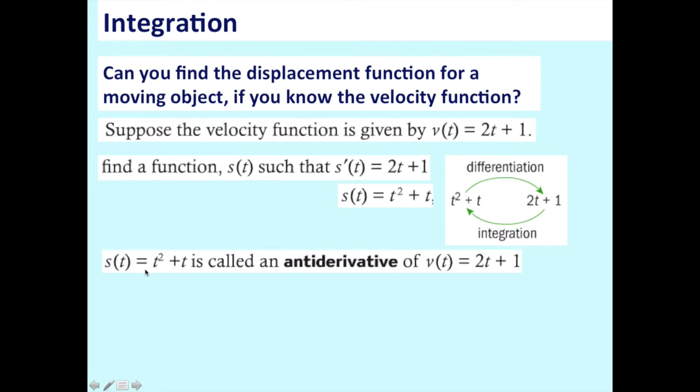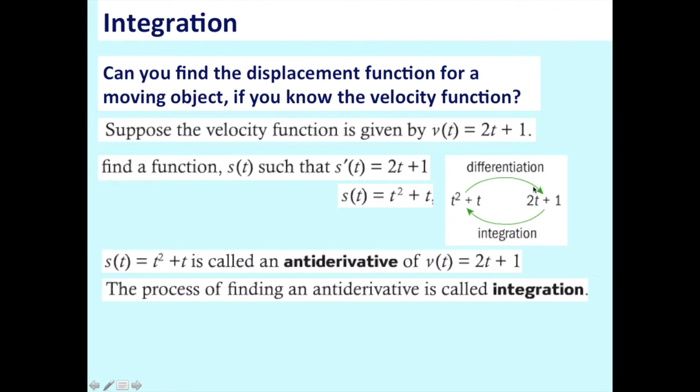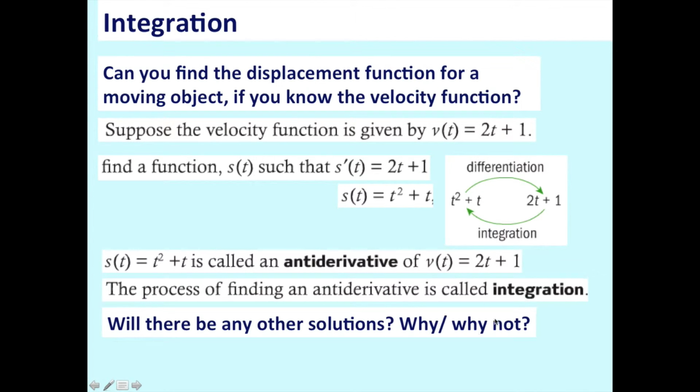So s(t), the displacement function, if we've been provided with the velocity function and we've had to work backwards to come up with the displacement, this is called the antiderivative. And we can check that we're correct, because if we take the derivative of this, it should end up back at 2t plus 1. But as I said to you, there will be other solutions.